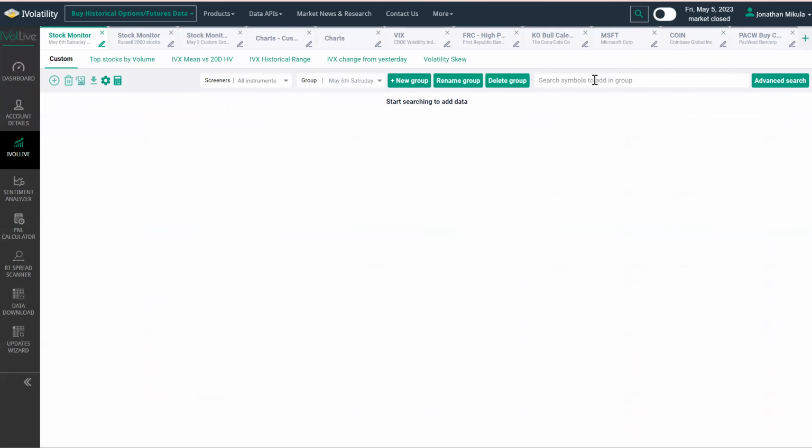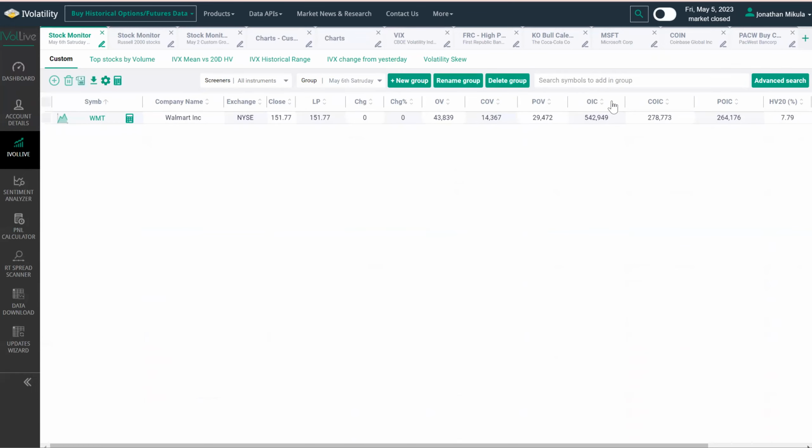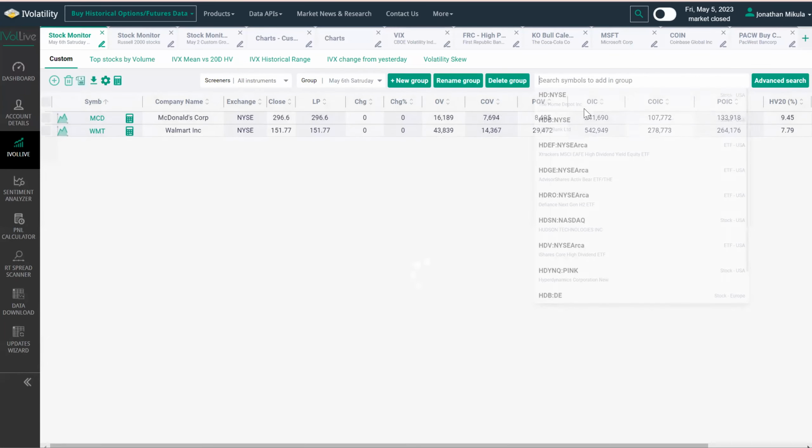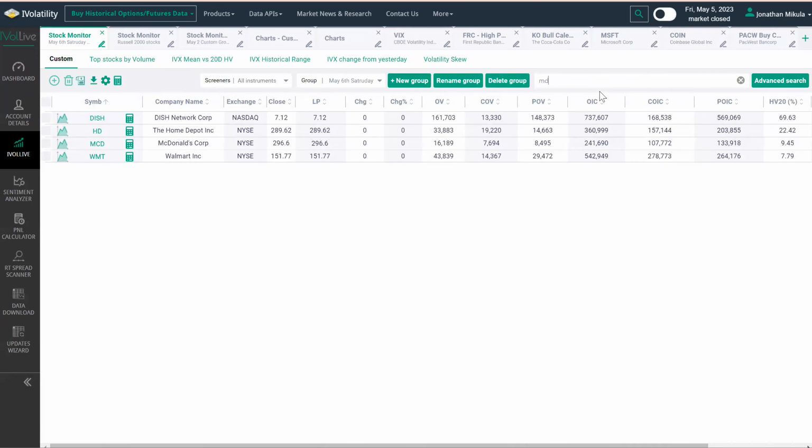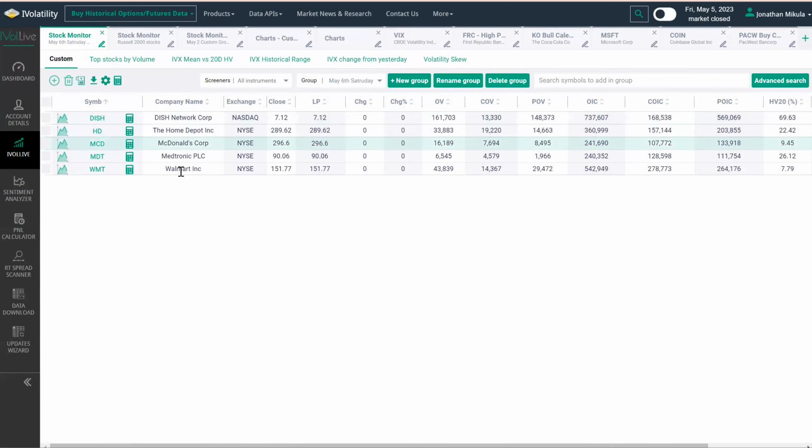So May 6th, right now it's blank, but remember Walmart popped up on our screen, McDonald's popped up on our screen, Home Depot popped up on our screen, Dish, and Medtronic. So now just by running those screens, over the next 5 to 10 minutes, we have 5 potential interesting trade setups. And then from here, we could do all sorts of things.